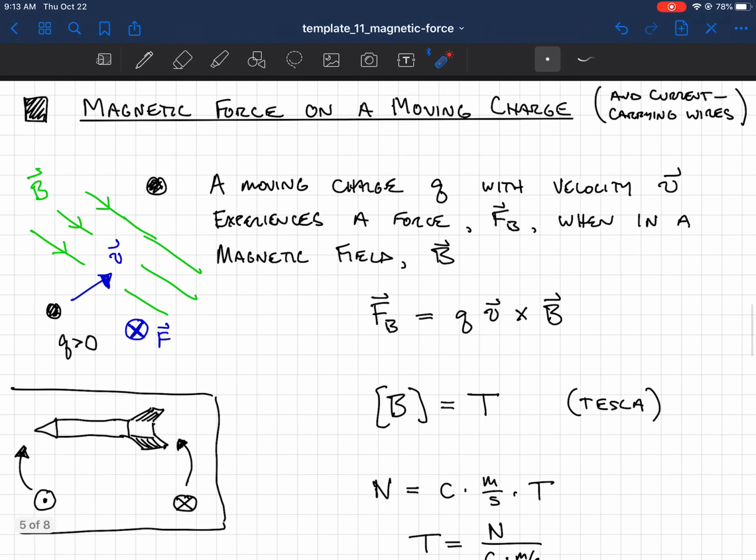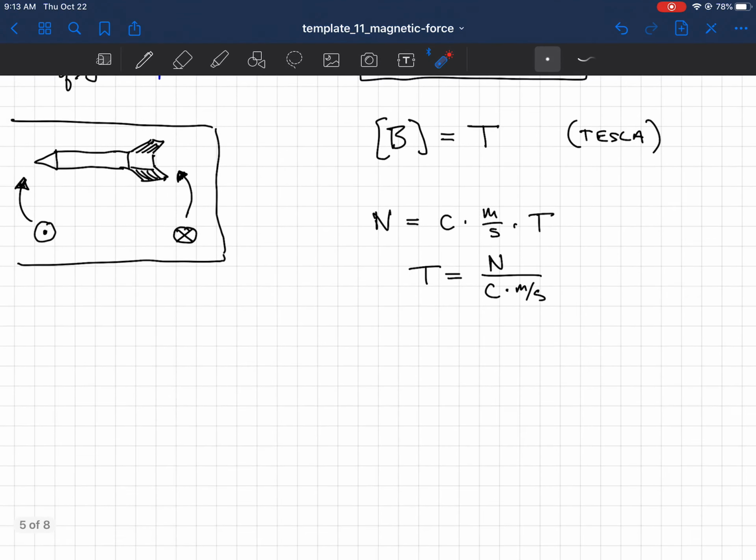Before we move on and do some examples, we should mention that you don't have to just think about a single charge moving through a magnetic field, but instead you can talk about a current carrying wire. So this is our equation for the force due to a charge moving in a magnetic field. But if you re-express the charge and the velocity in terms of, say, the drift velocity of a charge moving through a wire, then you can write this in terms of current.